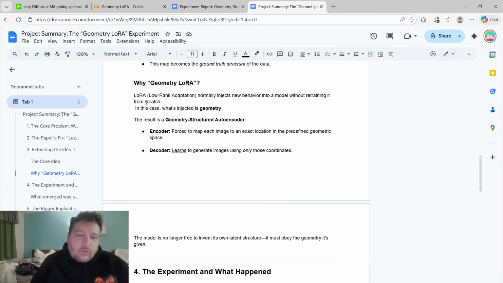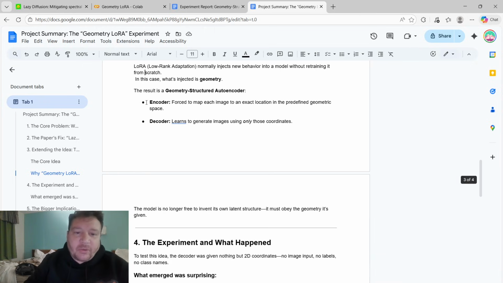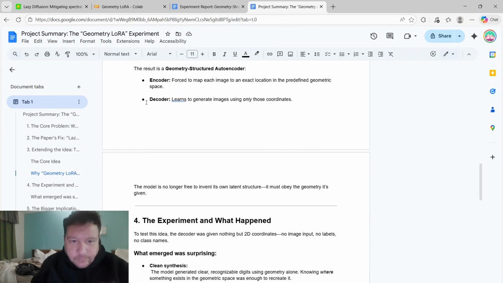LoRA, or low rank adaptation, normally injects new behavior into a model without retraining it from scratch. In this case, what's injected is geometry, and pure geometry, right? So no images directly, and no image labels. The result is a geometry structured autoencoder.